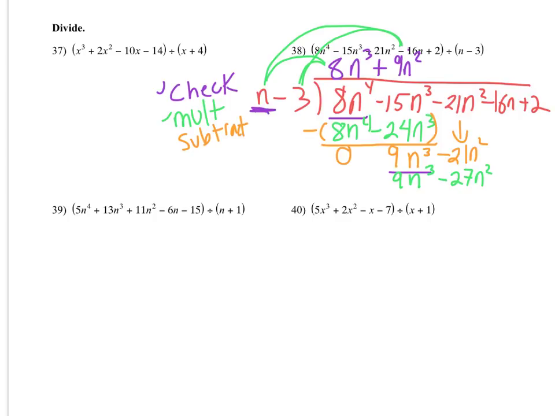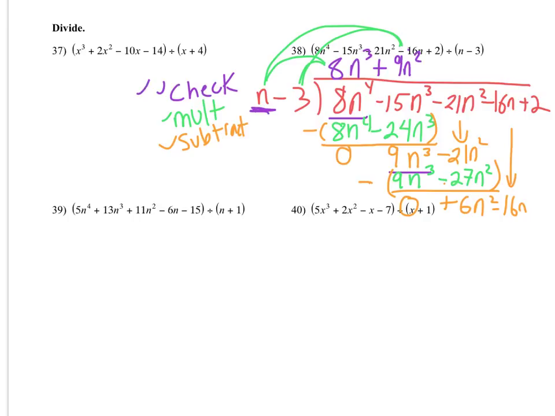Again, I've got to be really careful subtracting. I've got lots of negatives going on here. So when I go to subtract, I'm going to put parentheses around that. We get 0, and then negative 21 minus negative 27. That's really adding 27. We get positive 6n squared. And then finally, we're going to bring down the minus 16n. Okay?